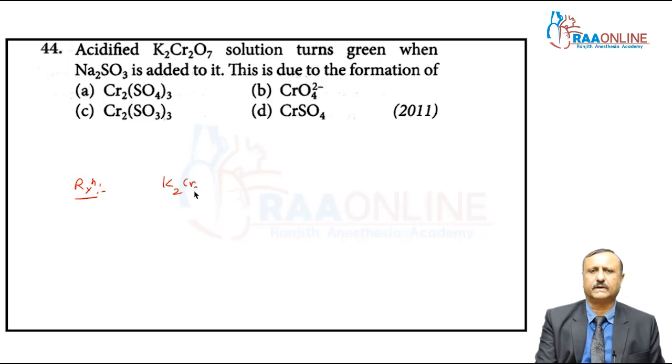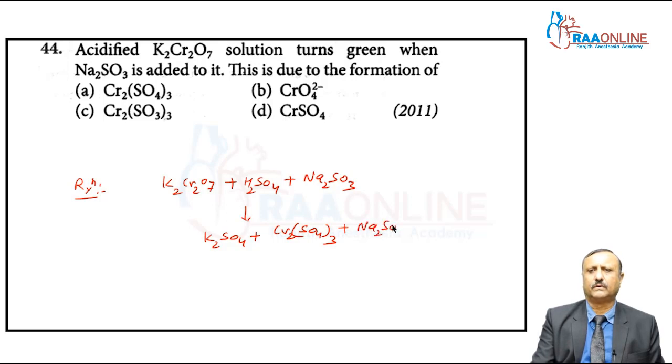The reaction is this: K2Cr2O7 reacts with H2SO4 plus Na2SO3 to give K2SO4 plus Cr2(SO4)3 plus Na2SO4, because one oxygen atom is taken by sulfite ions and converted into sulfate ions, and water is removed.